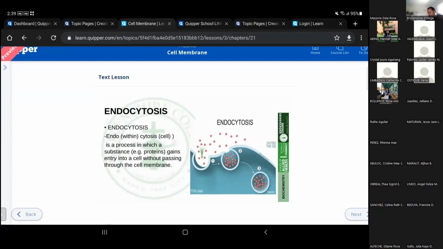Solid particles. Okay, so the process in which substances such as proteins gain entry into the cell without passing through the cell membrane. Kasi nagiging covering niya yung cell membrane portion as a vesicle.